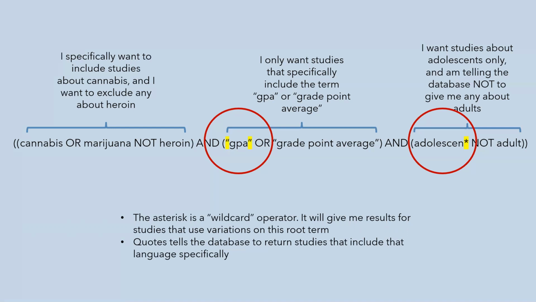Now looking at the quotes around GPA, quotes tell the database to return studies to us that include the language that we're specifying verbatim. So it is possible that other words have the letters GPA contained within them. So we're telling the engine that the keyword must be those three letters in that order and only these three letters.